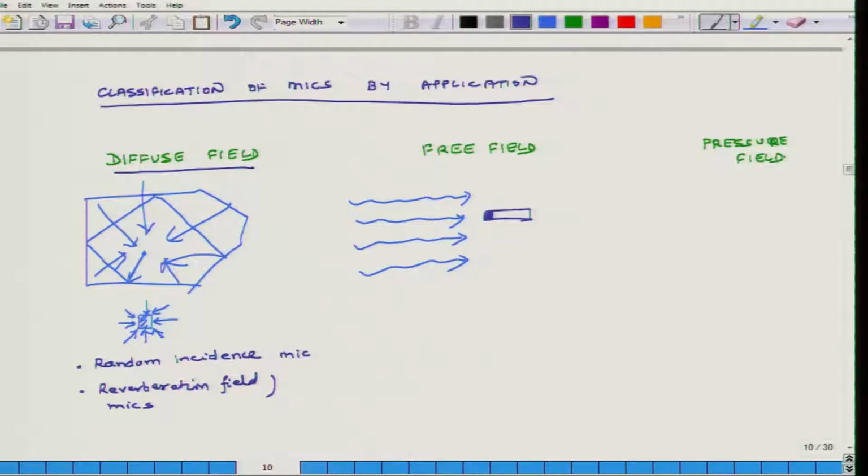When do we have a free field? We have a diffuse field when we have a lot of reflections. So, free field occurs when no reflections occur, and this typically happens when there are no hard surfaces or reflecting surfaces.